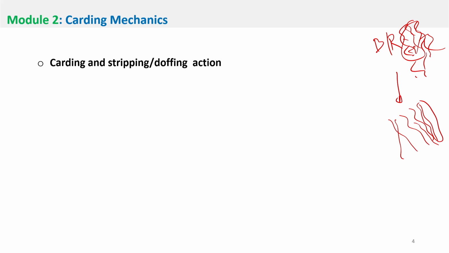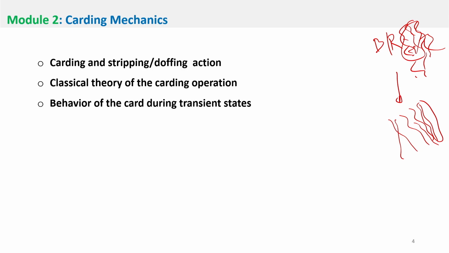Here we will cover carding and stripping or doffing action. We will see the mechanics of carding and stripping action, then the classical theory of the carding operation. Then the behavior of carding during transient state, that means at the initial stage when the carding machine starts, there is no fiber loading in the card.